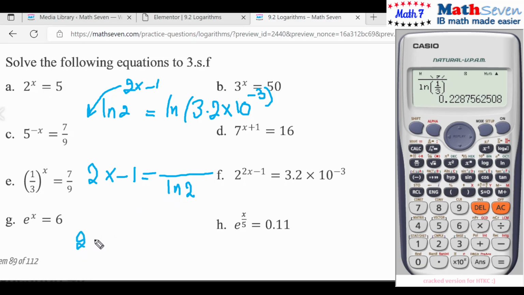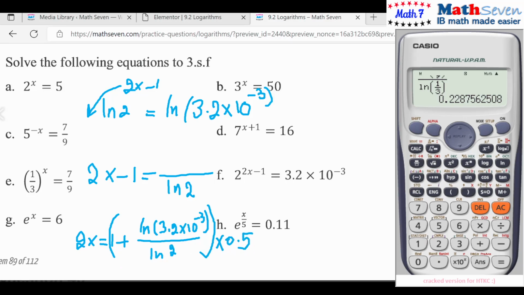So 2x equals 1 plus, because we took the 1 to the other side, ln of the brackets 3.2 times 10 to the power of negative 3, all in brackets, over ln 2, and the answer all of it, right, divided by 2 or times half.